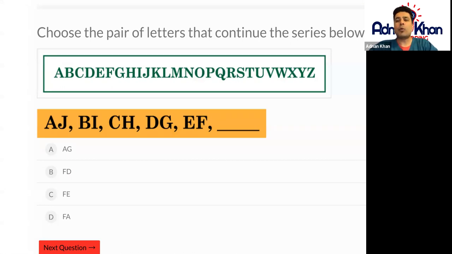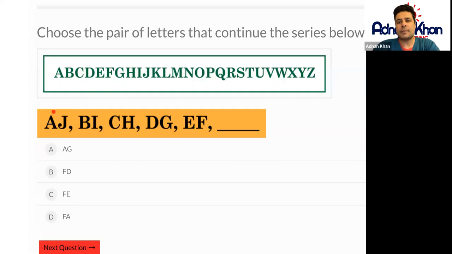Now we need to work out what the pattern is in these certain questions so we can add the answer into the blank that's provided with us. Let's have a look at this first particular pattern. So if you see here, A plus 1 is going to be B. B plus 1 is C. And C plus 1 is D. And D plus 1 is E. So we can see this pattern there.